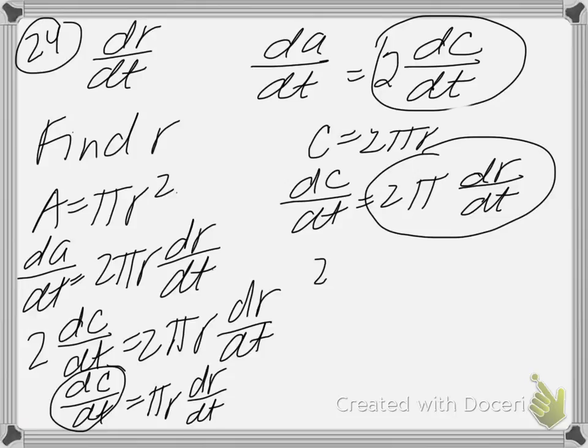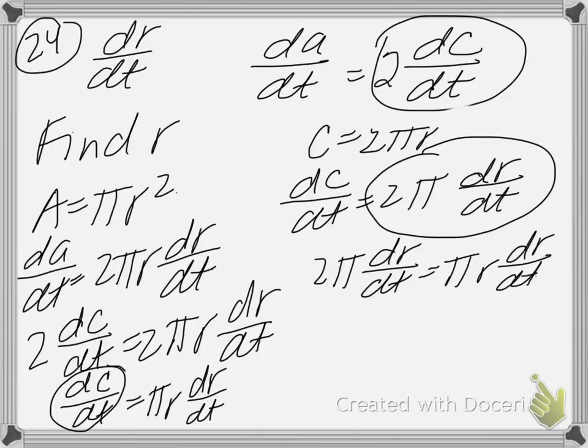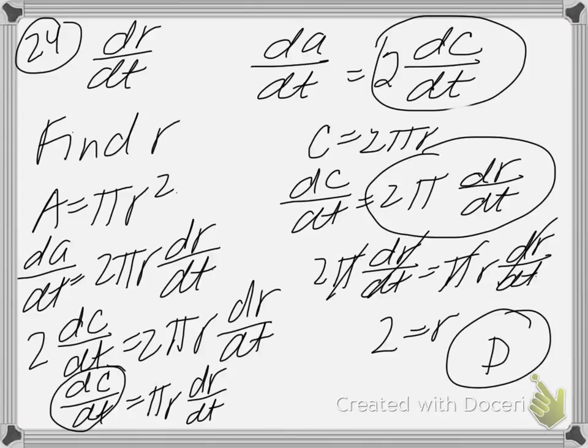So I'm going to get this. Okay, so if you divide both sides by pi, those are gone. If you divide both sides by dr over dt, those are gone, and you're left with 2 equals r, which was choice D.